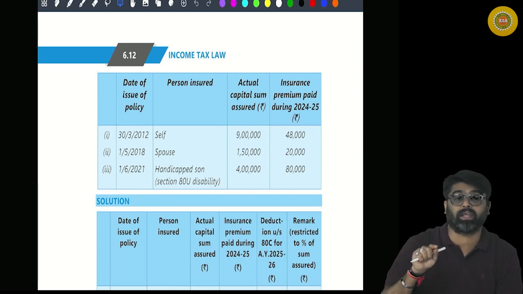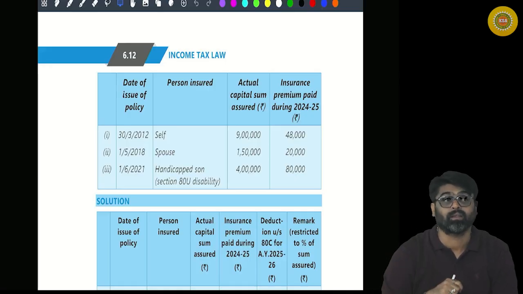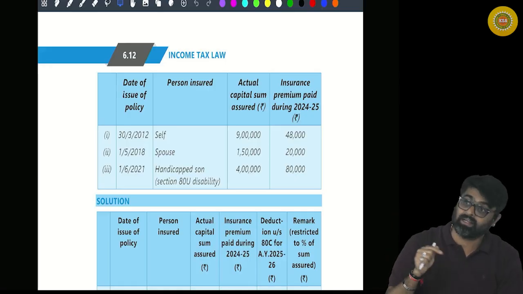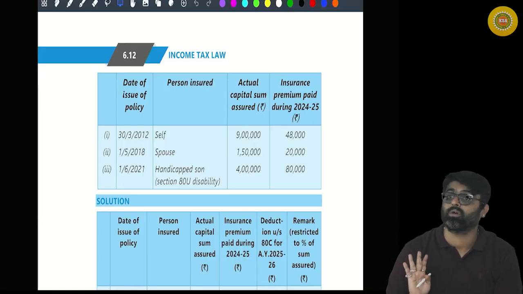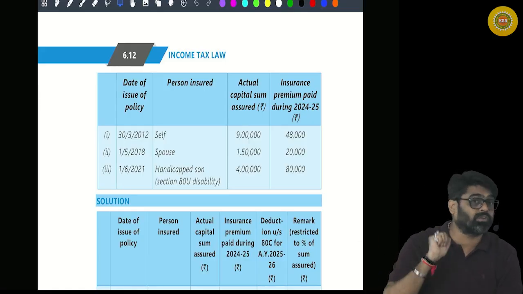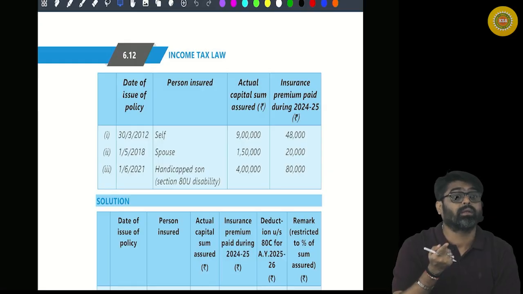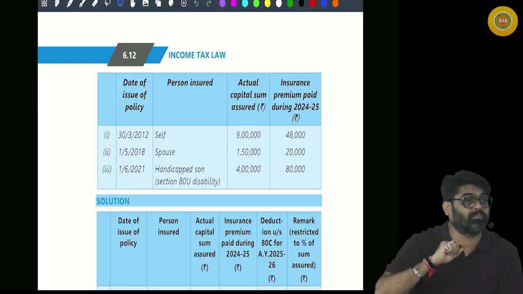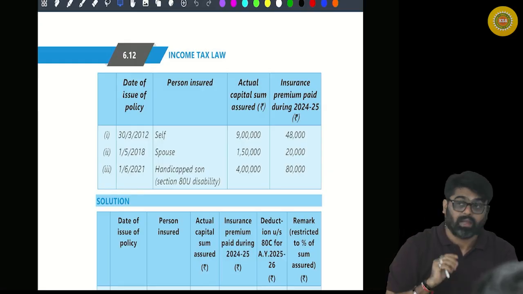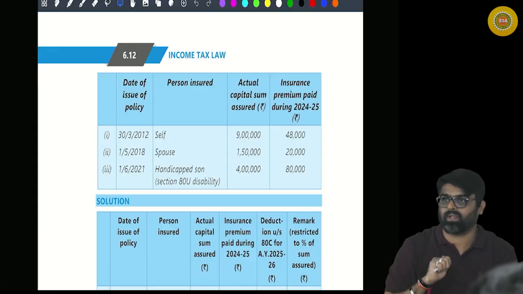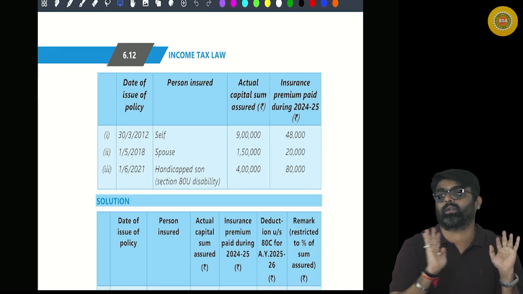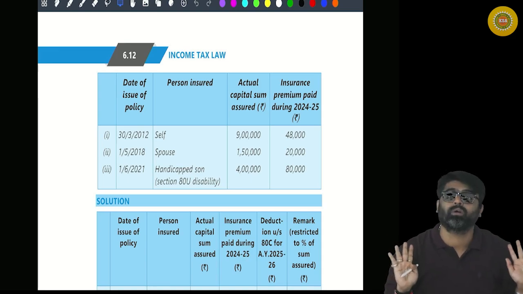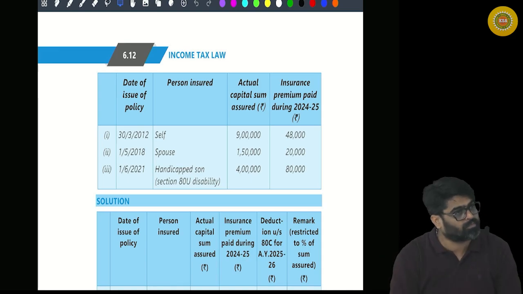If the policy was taken on or after 1st April 2013 for a handicapped person, then it is 15%, but for a normal person it is still 10%. So you have to check when the policy was taken and what the maximum premium is which you can pay. If the premium paid is over and above that limit, only to the extent of that limit can the amount qualify under section 80C. So that is about life insurance premium, which you can claim under section 80C.